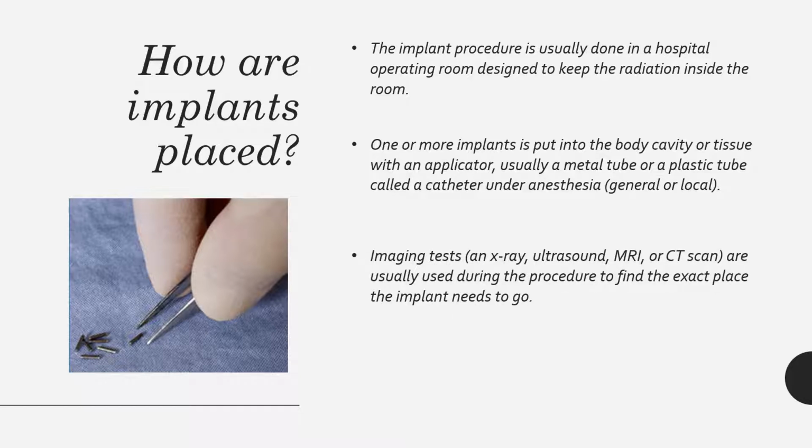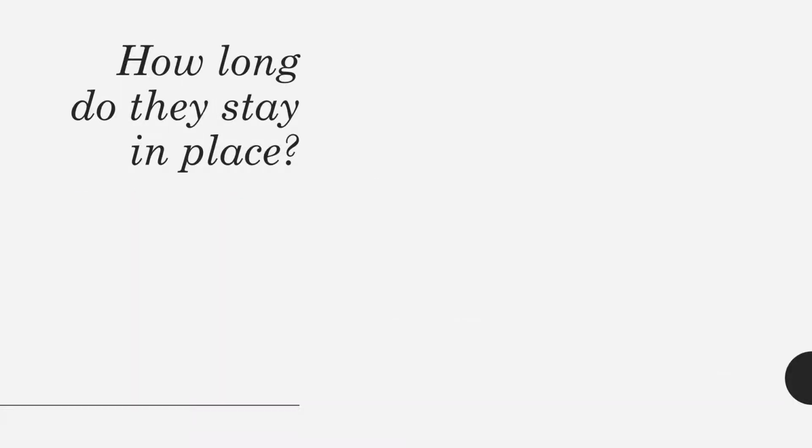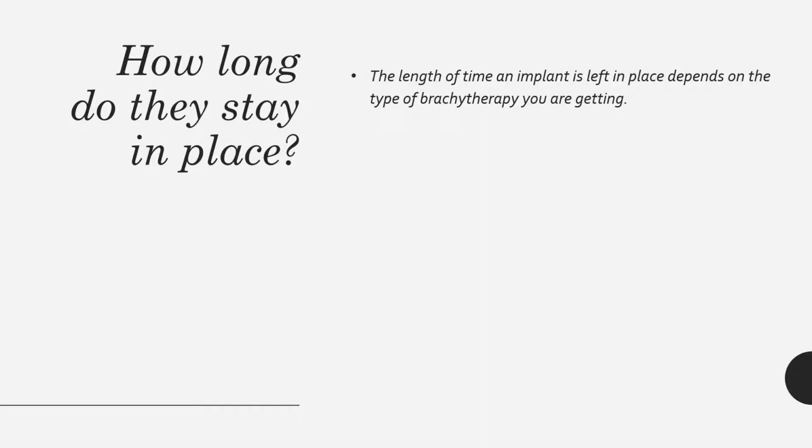Imaging tests, an X-ray, ultrasound, MRI, or CT scan are usually used during the procedure to find the exact place the implant needs to go. Before being placed, implants are kept in containers that hold the radiation inside so it can't affect others. How long do these implants stay in place? The length of time an implant is left in place depends on the type of brachytherapy you are getting.